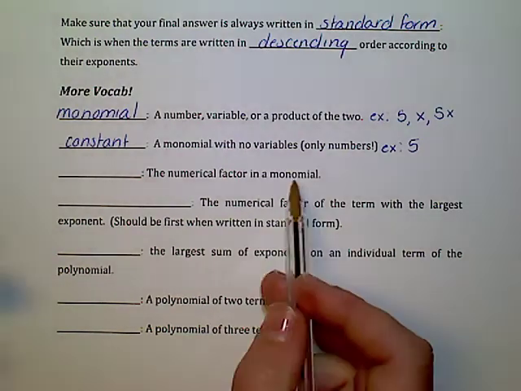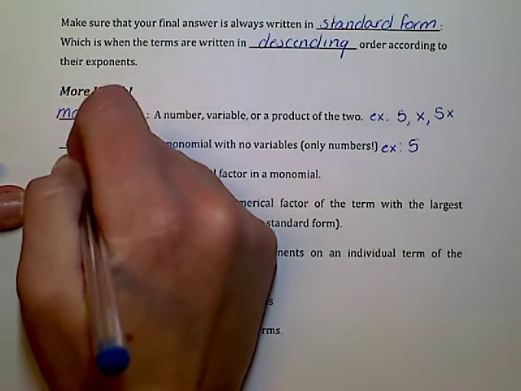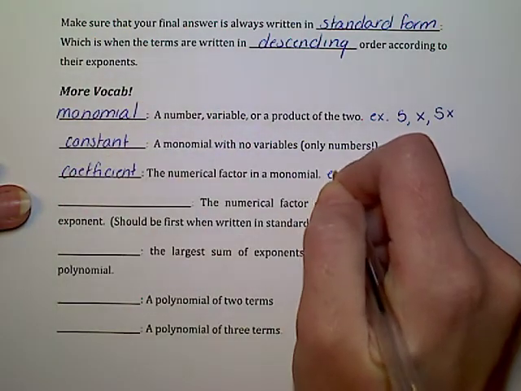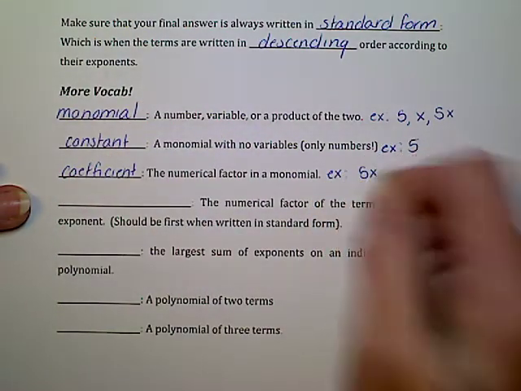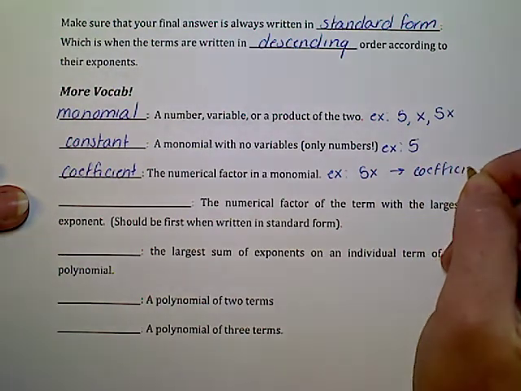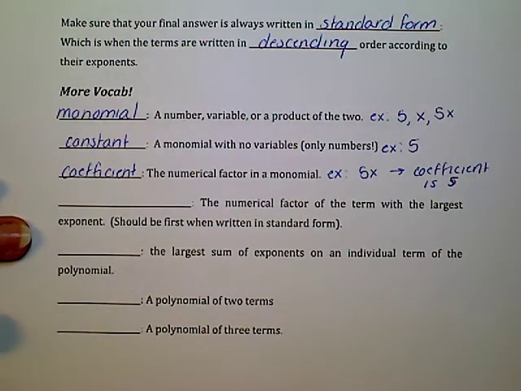Sometimes we'll have a monomial and we will have a numerical factor in front. That's called a coefficient. So, for example, if I did have 5x, the coefficient is 5. Sorry, that doesn't look like a 5.